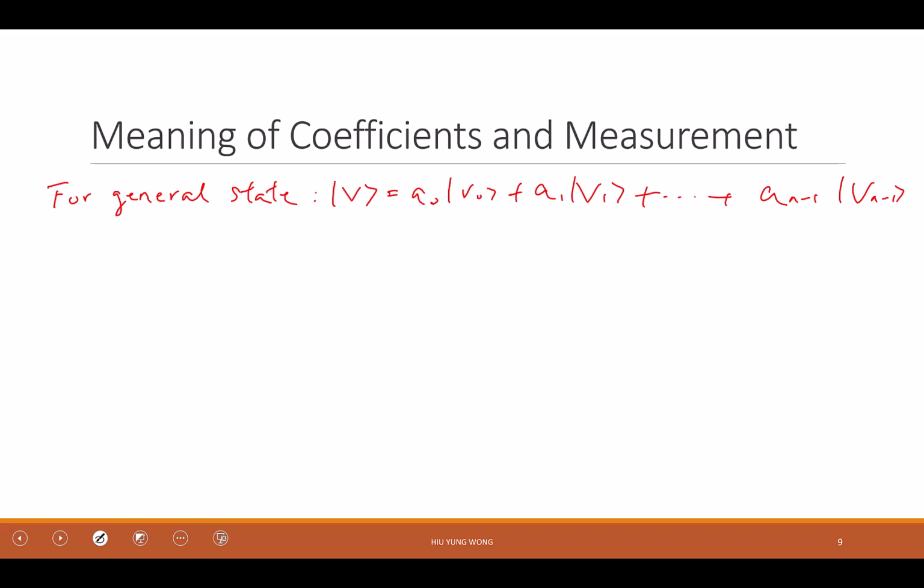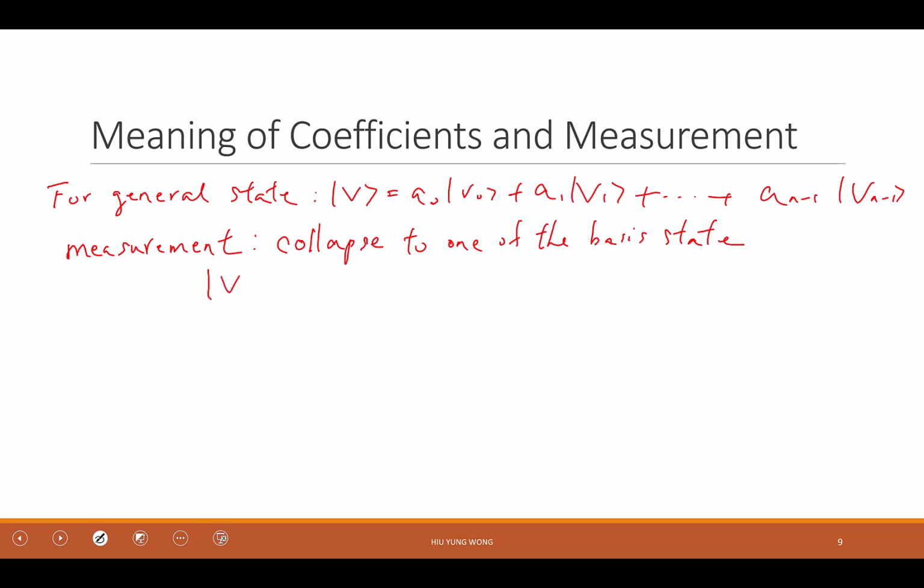So when I do the measurement, as I told you earlier, and you need to accept it, this is one interpretation of quantum mechanics. When we do measurement, very easy. Measurement is very difficult to formulate, but to understand is very easy. To accept it is very easy. It will collapse to one of the basis states. So I measure it. What does it mean? The V, such a big V, it will become either V0 or V1 or V(n-1).